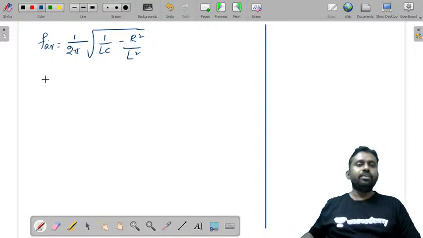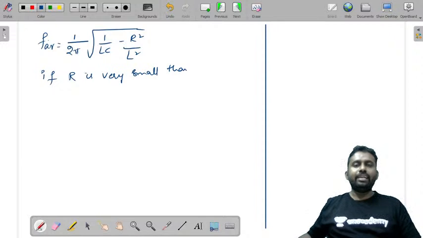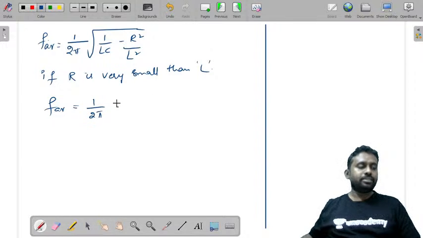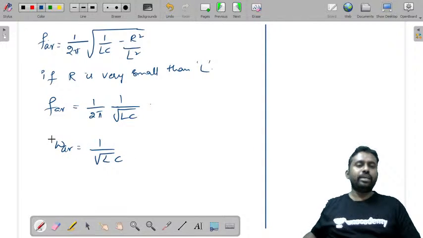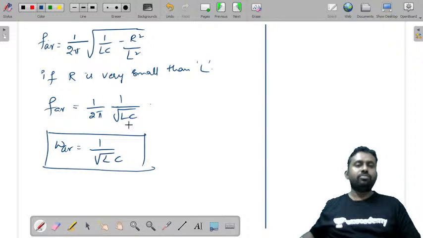If R is very small compared to L, then FAR can be written as 1 by 2 pi into 1 by root LC, or omega AR is equal to 1 by root LC, when this is the condition.